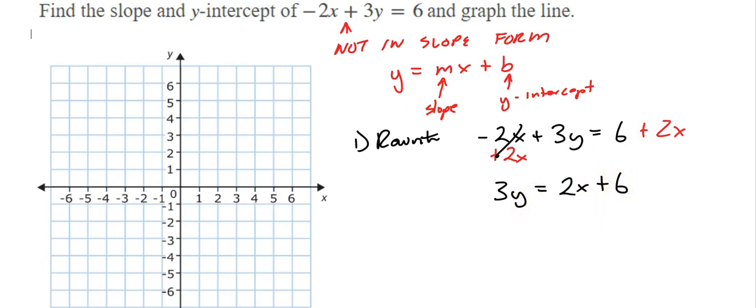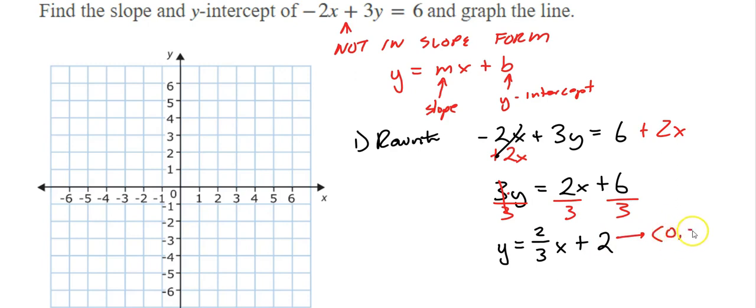We still have a 3 over here, 3 times the variable y. The inverse is to divide, and we divide everything. That reduces off there, leaving the y by itself. When this is all said and done, we have y equals 2/3 x plus 2.